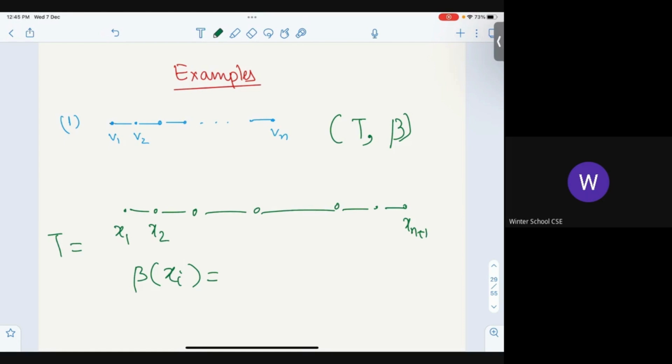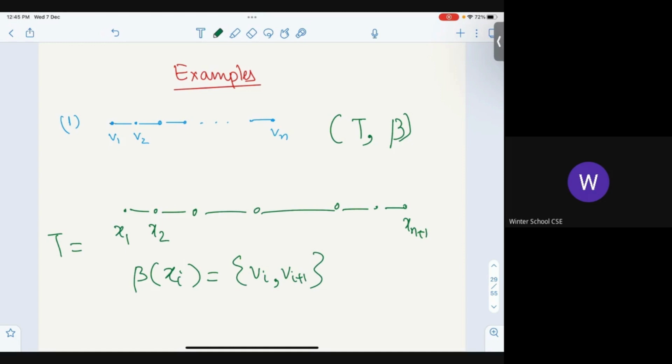My friend is telling me to take this as his definition. First of all, why is it a tree decomposition? Does it satisfy all the 3 properties? What is the first property? If I look at the union of the bags, this should be equal to the vertex set of G. Does it hold? Yes, no?